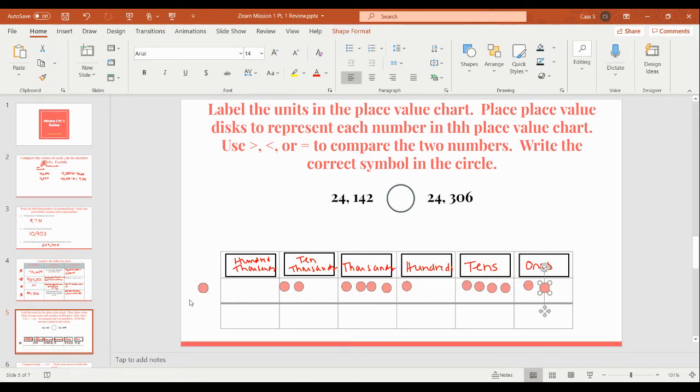Okay, and my other number is 24,306, so two 10,000s, 4,000s, 300s, nothing in the tens, and then 6 ones.